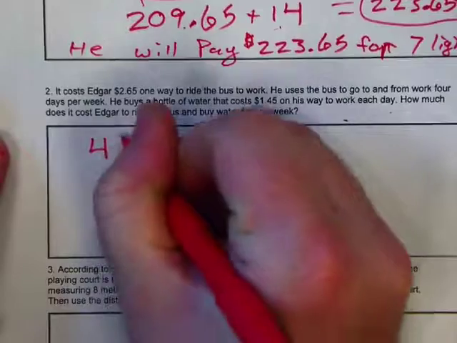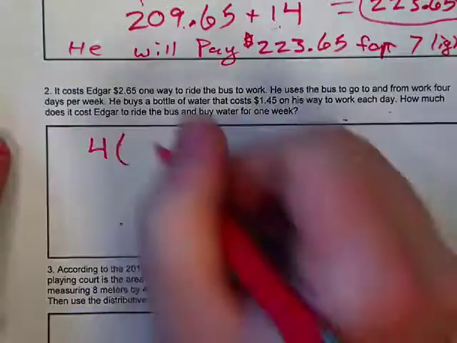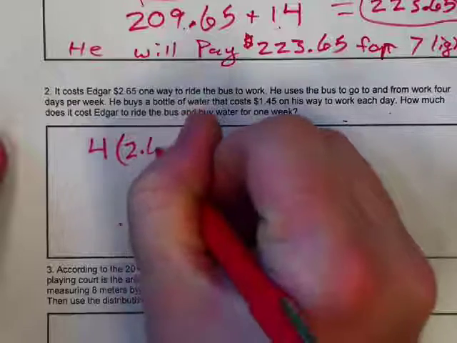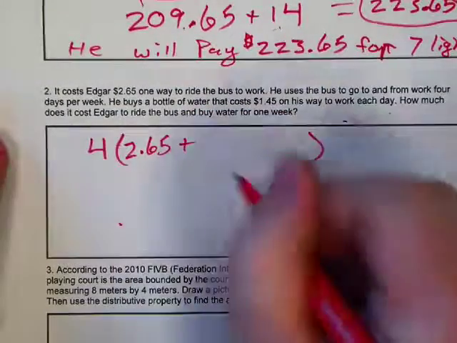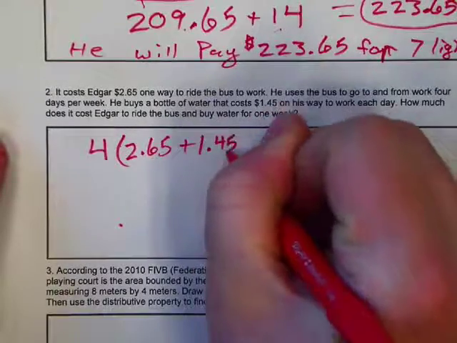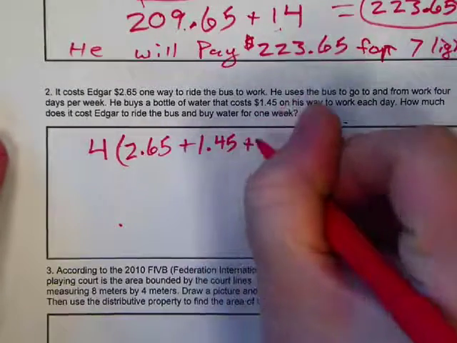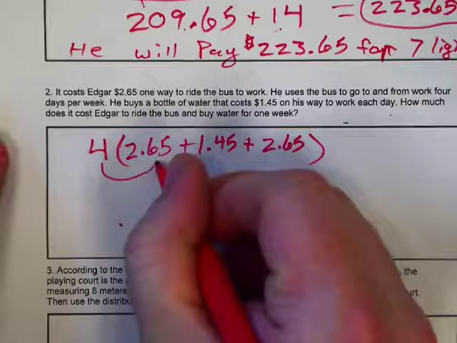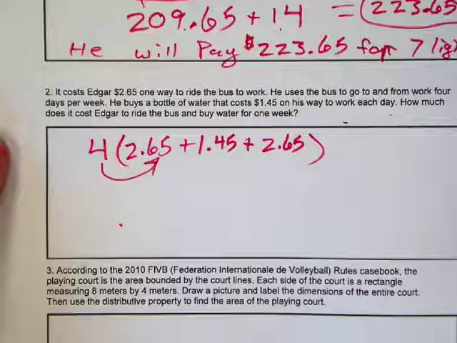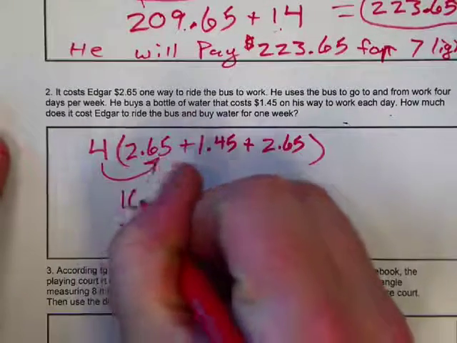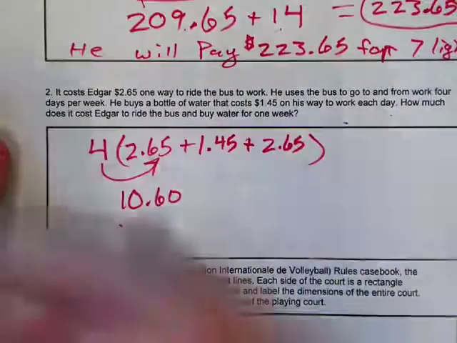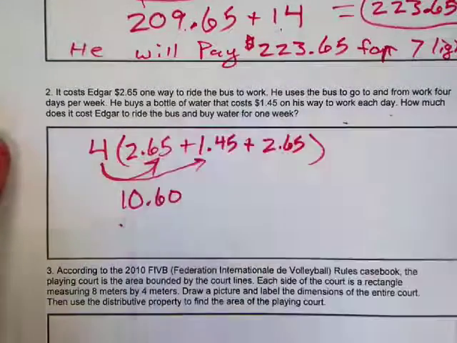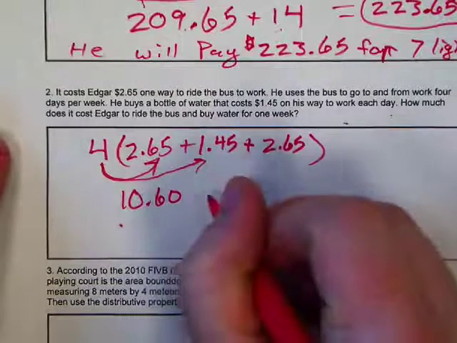We can say 4 times 4 days. He rides to work, so $2.65. Plus, he buys a bottle of water, $1.45 on the way to work there. And then he's got to ride home, plus $2.65. Okay, now let's distribute. We say 4 times 2.65 is 10.60. And we'll distribute 4 times 1.45, and we get 5.8.